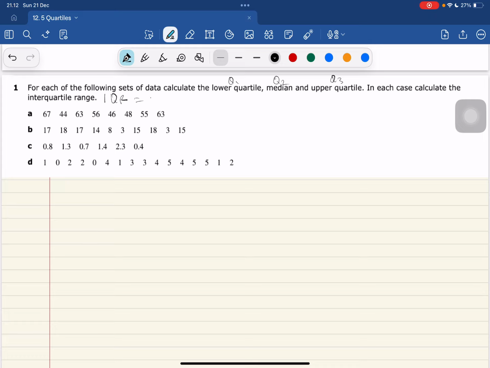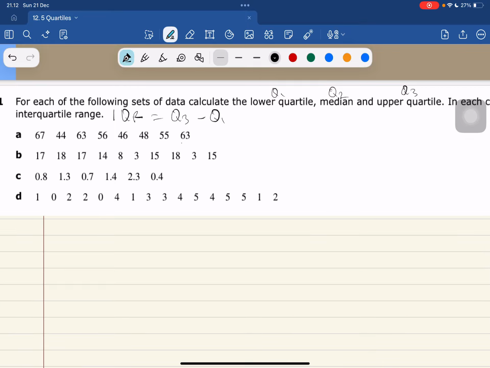To find the quartiles, we need to rearrange the data from smallest to highest. So it needs to be in order. Let us write the first number. The smallest is 44, so write 44 first.